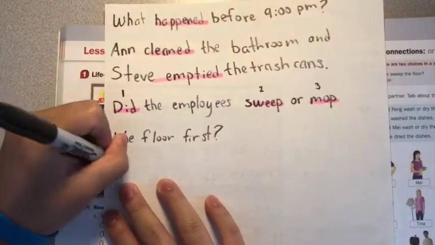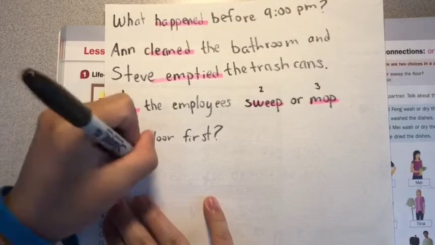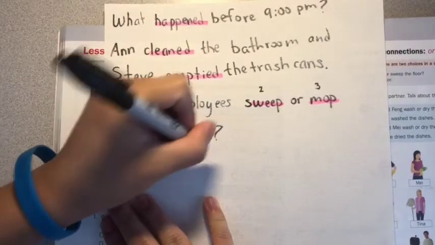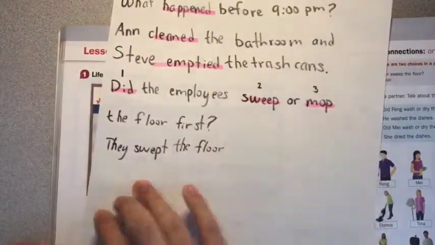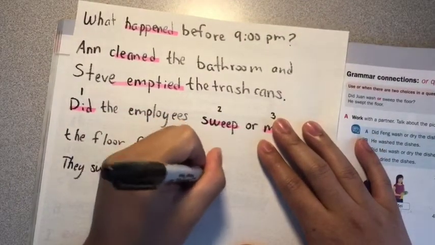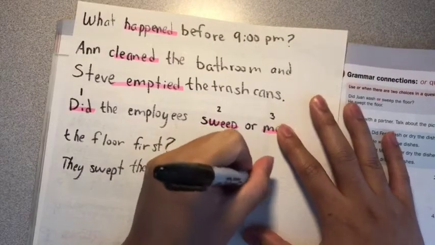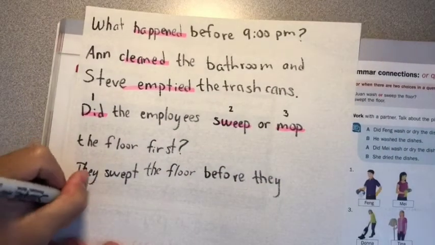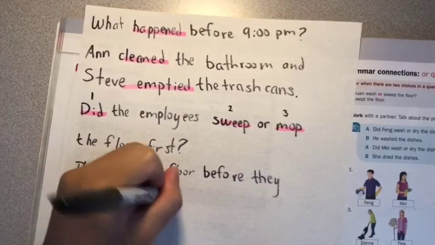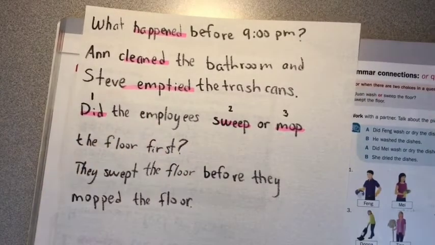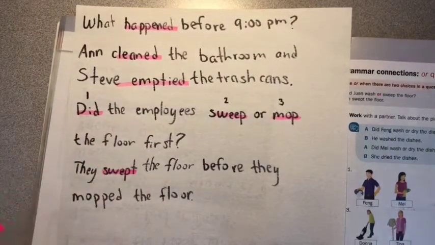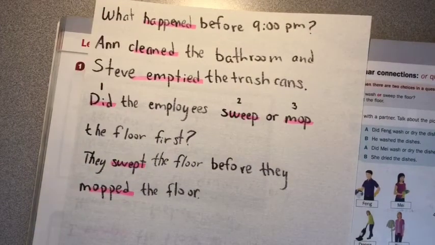So I'm going to say, they swept the floor first. Or we can say, they swept the floor before they mopped the floor. They swept the floor before they mopped the floor.